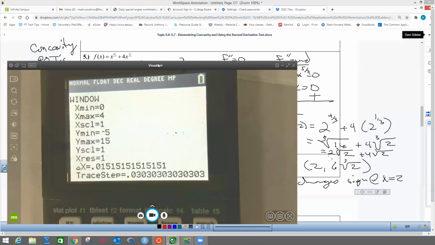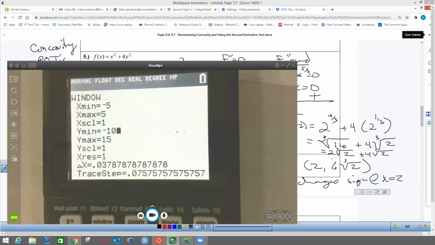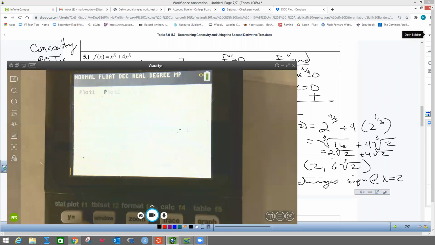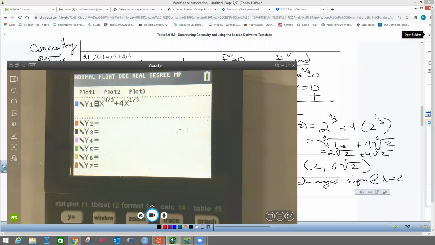Let's look at my window. I'm going to go from -5 to 5 because that's where all the action happens, pretty close. And I don't know, let's go from -10 to 10, just to see what it looks like. So we're going to graph that, so here it comes. Okay, just making sure I got the right number in there.